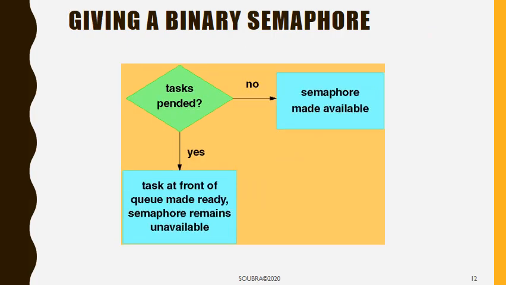Alright, so let's see now the case of someone giving back a semaphore or a mutex. All I have to do when I give back the mutex or the binary semaphore, it doesn't really matter, is this: if no one's waiting on it, the semaphore is just unlocked and it could be sitting there waiting for someone else to take it later on, maybe the same task on its next iteration.